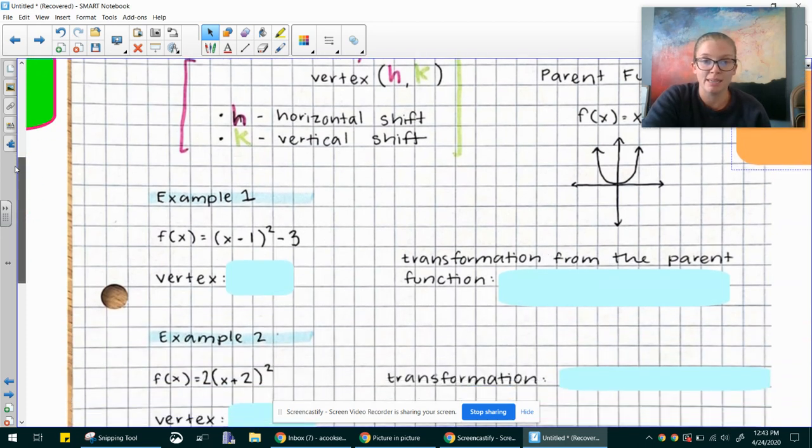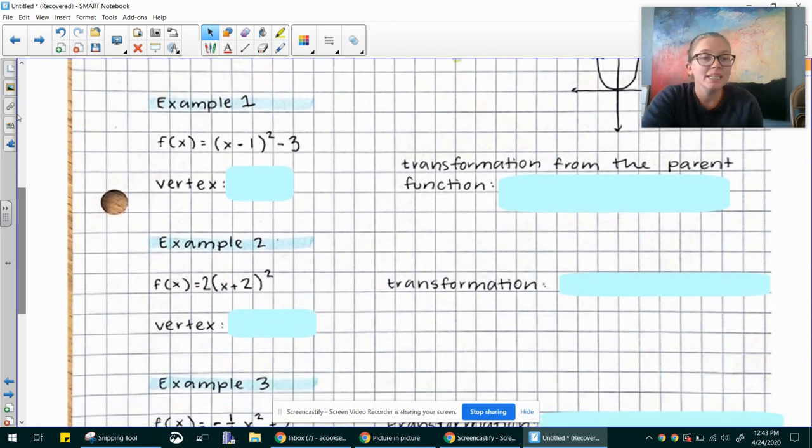Let's look at some examples. In example 1, we have the function f of x equals x minus 1 squared minus 3. We're going to start by identifying the vertex. The vertex is our h and k values.